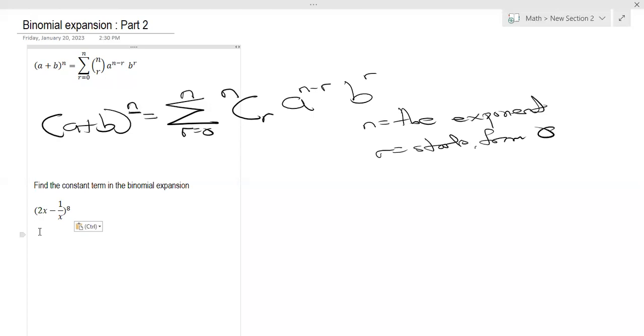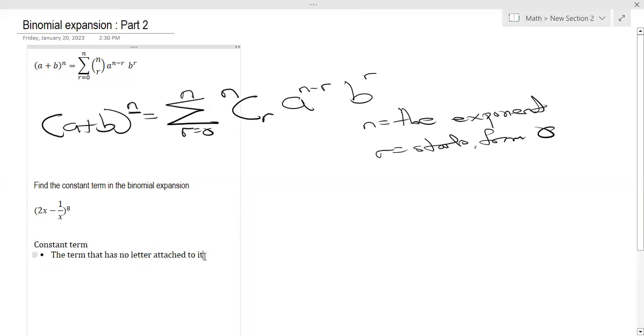Let's say it's medium. So find the constant term. What's the constant term? It's the term that has no letter attached to it.